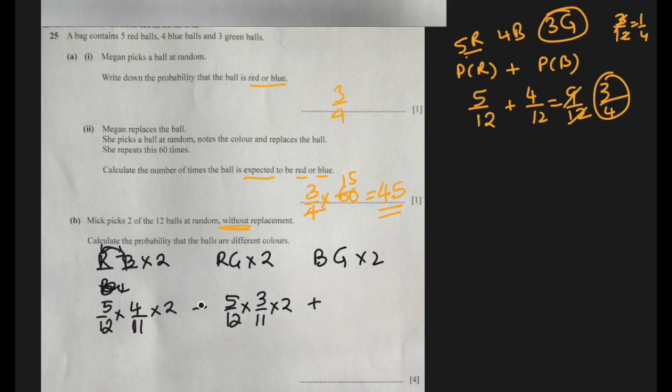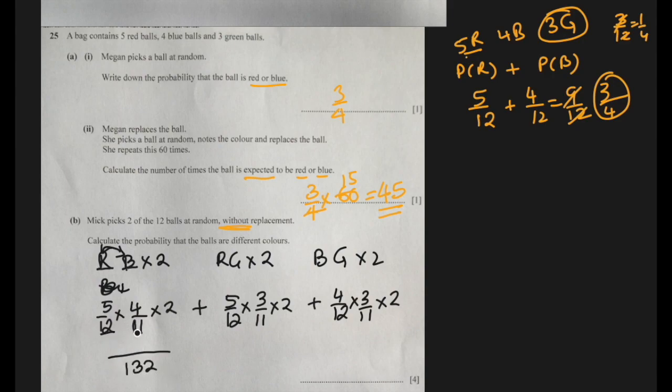Then either this will happen or this will happen. That's why I'm adding, just like I added in the previous part. Blue is 4 out of 12, green will be 3 out of 11, and times 2. So 132 is the denominator, 12 times 11. I'm not cancelling out anything so that I can easily add them.